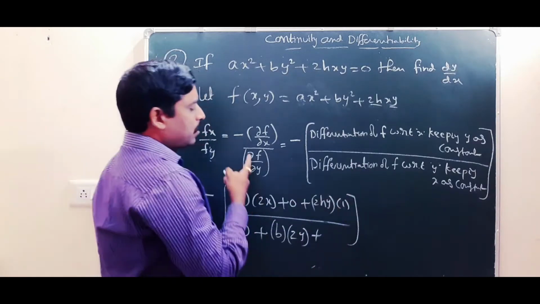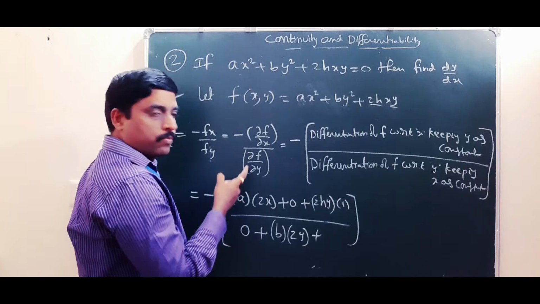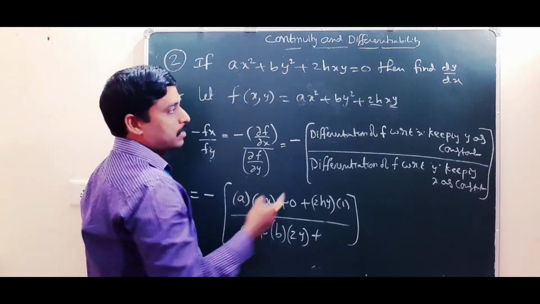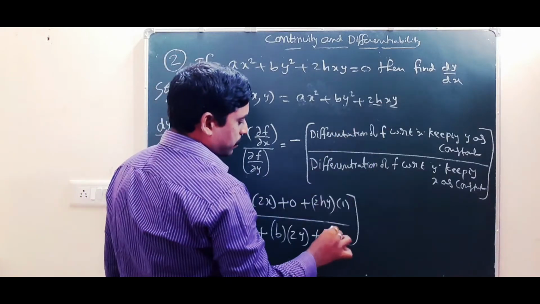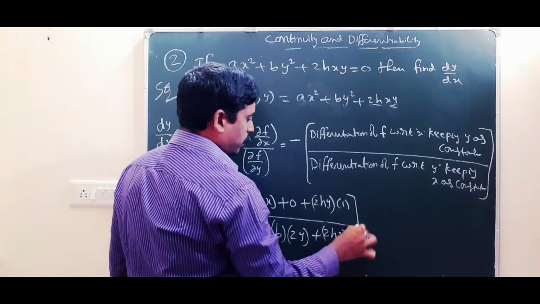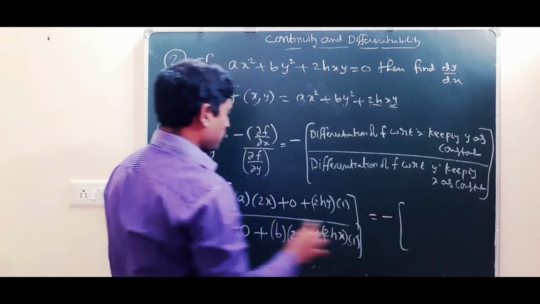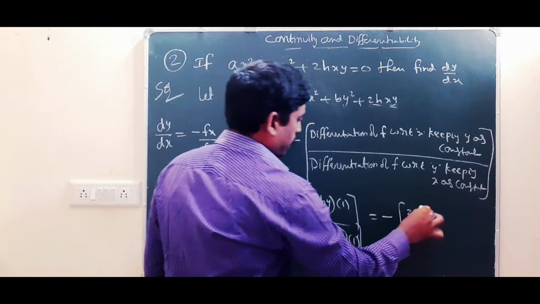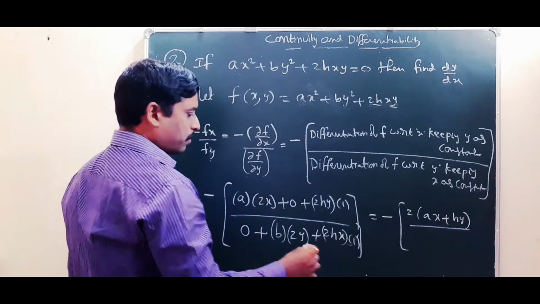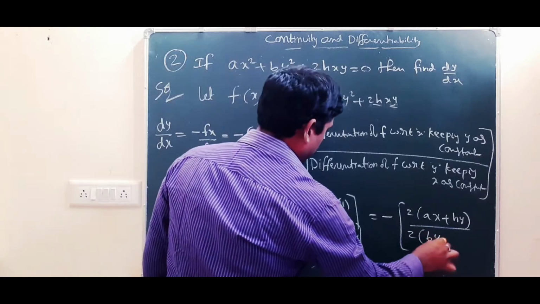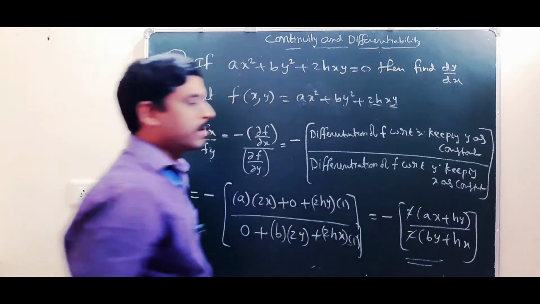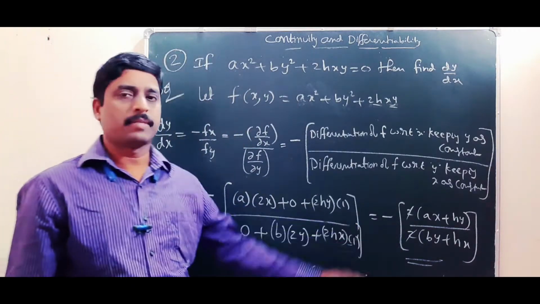In dou f by dou y, x is constant, so 2hx is constant and differentiation of y is 1. So what is the answer? Minus of 1, take 2 common: 2 times ax plus hy, and in the denominator take 2 common: 2 times by plus hx. So 2 gets cancelled. This is the answer: minus of ax plus hy by hx plus by.